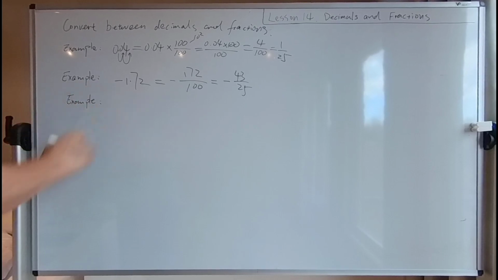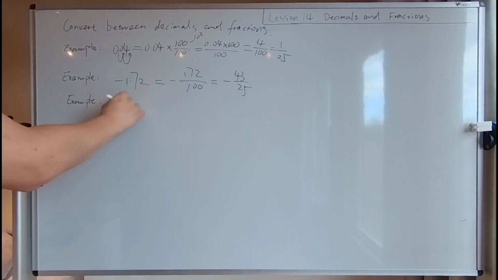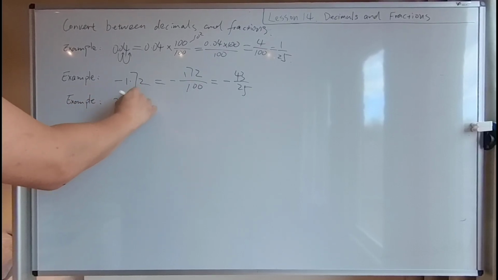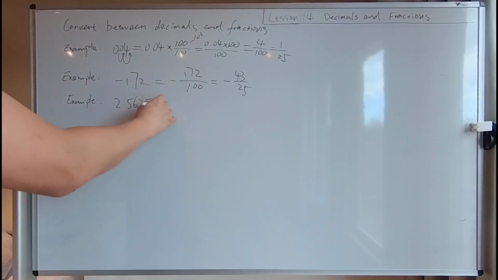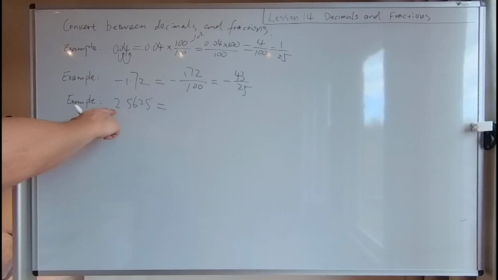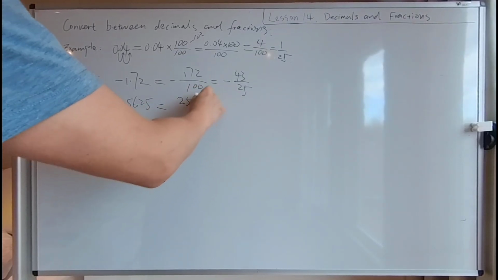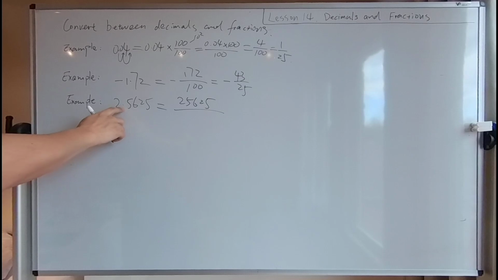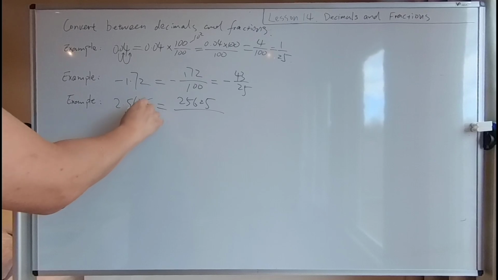So far the 2 examples are both converting decimals with 2 decimal digits. This time, if we have more digits, it's still the same thing. If I have 2.5625, and I want to write this whole thing as an integer, that means I'm moving this dot 4 places, or 4 steps to the right.